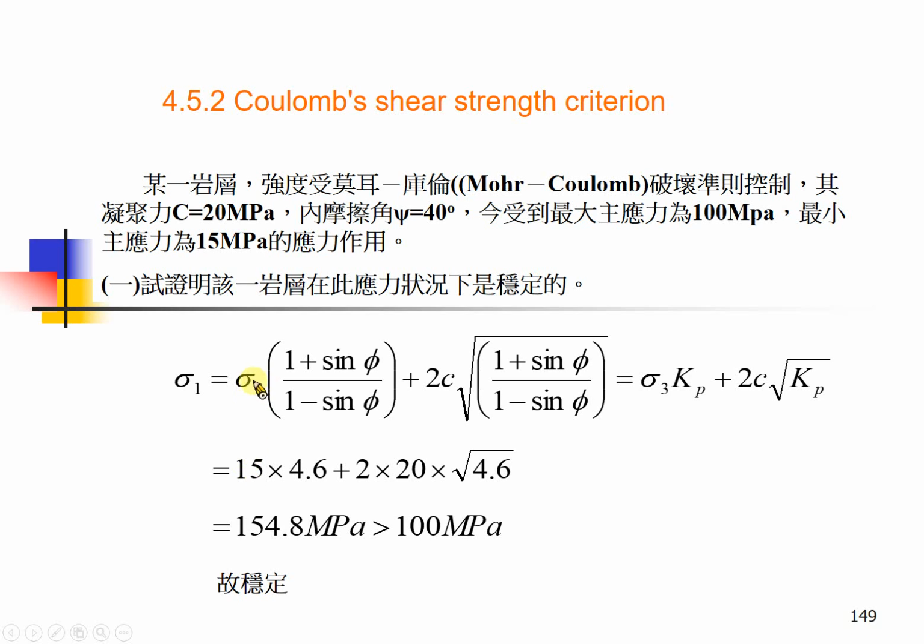So you can calculate the sigma 1, this will be the failure envelope. So the maximum principal stress equals 150. The peak strength of the rock equals 150.